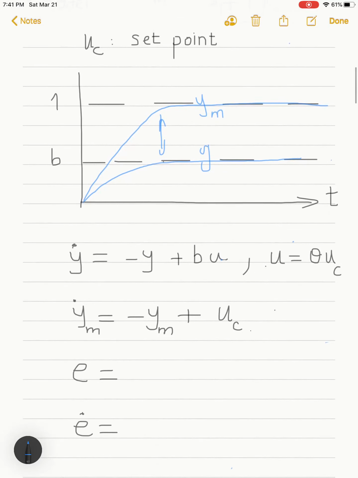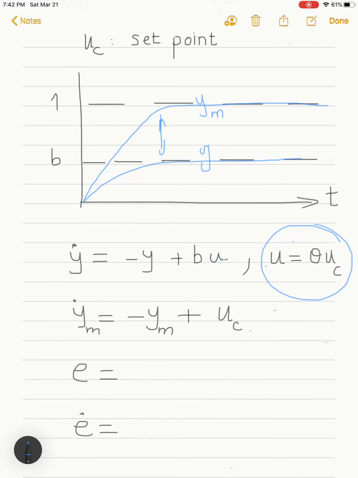Okay, the differential equation that represents the actual system would be Y dot equals minus Y plus BU, and I'm going to assume a control law which is just a simple gain controller, so it is theta. This is the gain to be adjusted times the set point UC.